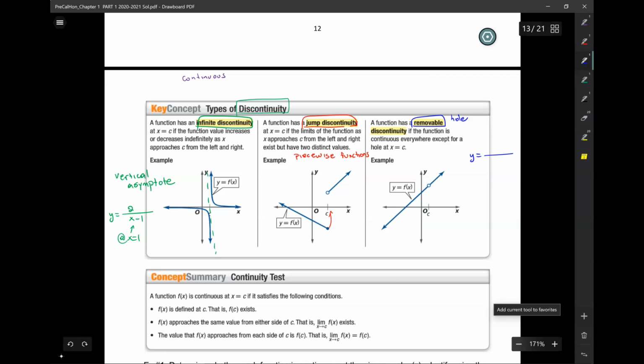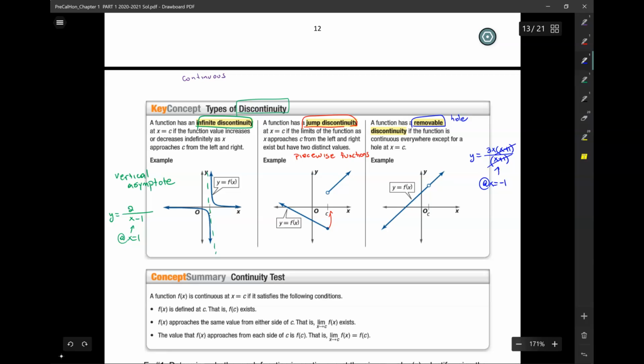What if you have y equals 3x times x plus 1 over x plus 1. Okay, so you factor this function and you get something like this. Clearly, at x equals -1, this function is undefined. However, look at what happens.